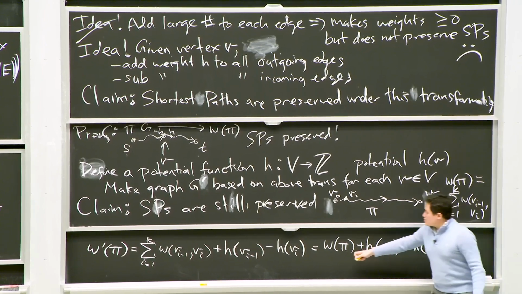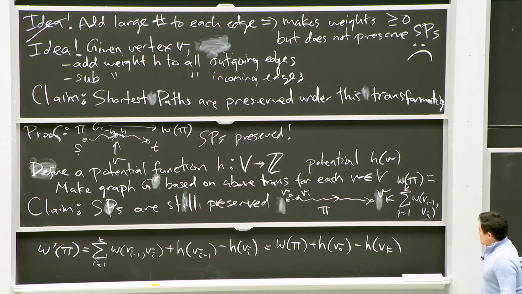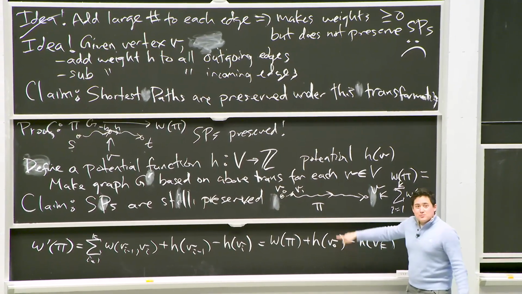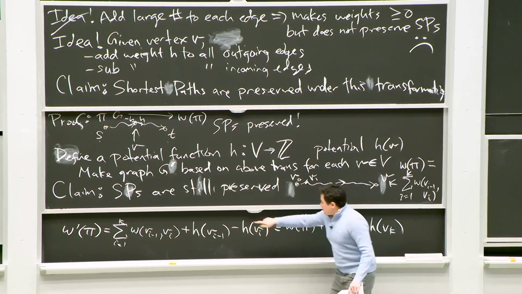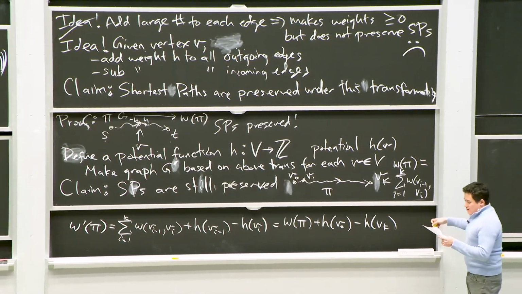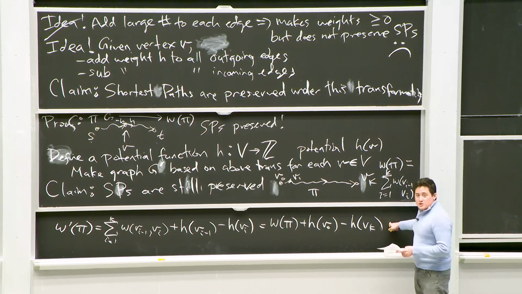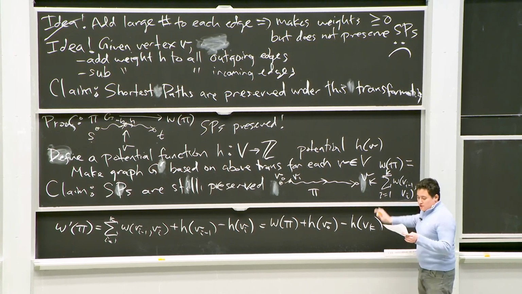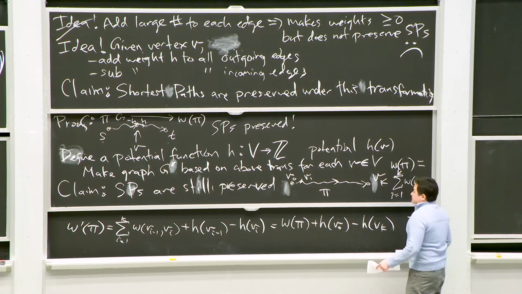And so if this path pi was shortest, it's still shortest in the reweighted graph because I've just changed all paths between those two vertices by the same amount. This is kind of like a telescoping argument. Right, so the weight changes, but it changes all paths between these two vertices by the same amount, which means that shortest paths are still shortest. Awesome.